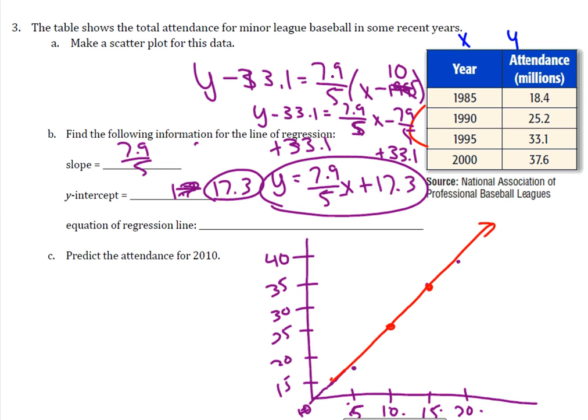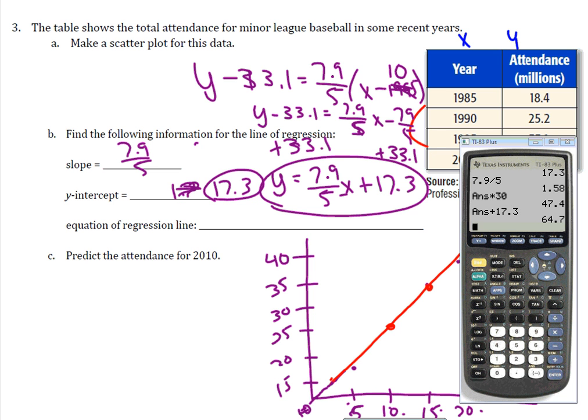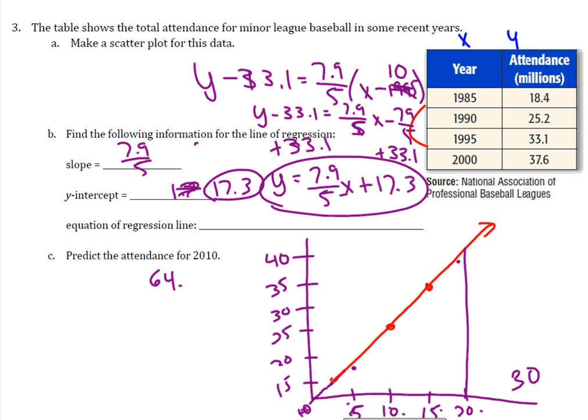So predict the attendance for 2010. Well, if 2000 was 20, 2010 will be 30. So substitute 30 in. When I do that, I get an answer of 64.7. So 64.7 million people will watch minor league baseball in 2010. I don't think it's quite that high. I think it tapered off at some point.